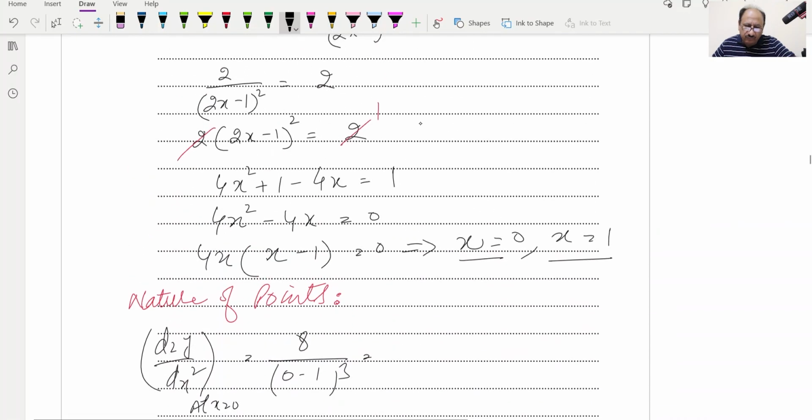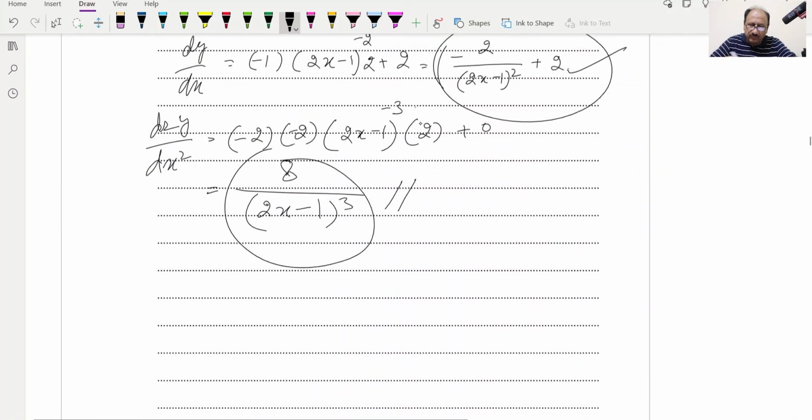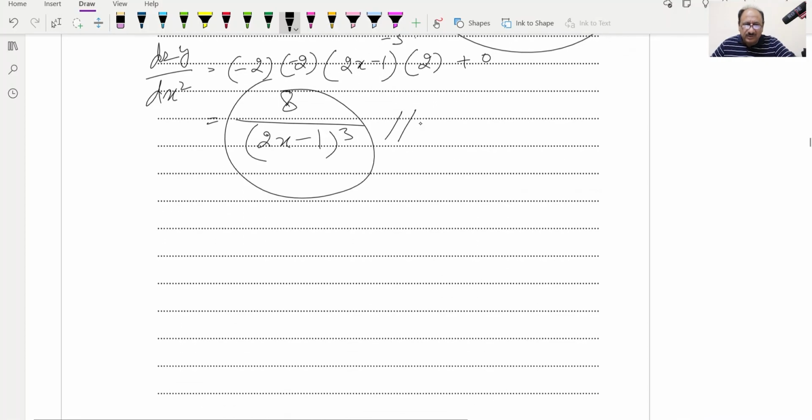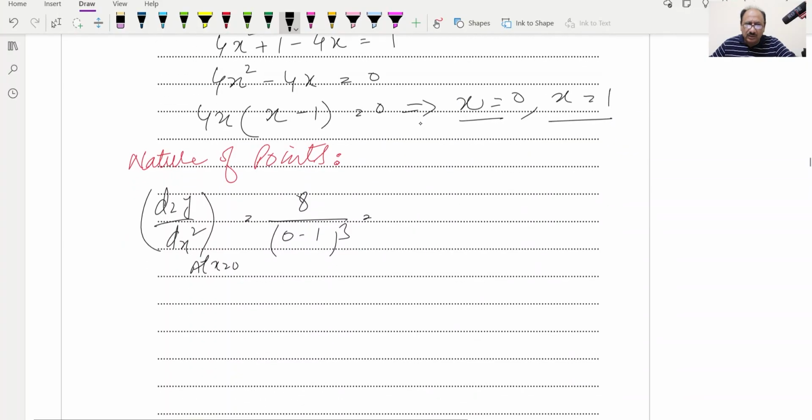We have replaced the value in the second order derivative, and this will be (0 minus 1) cubed, so it will be minus 8, which is less than 0, so this will be a maximum point.